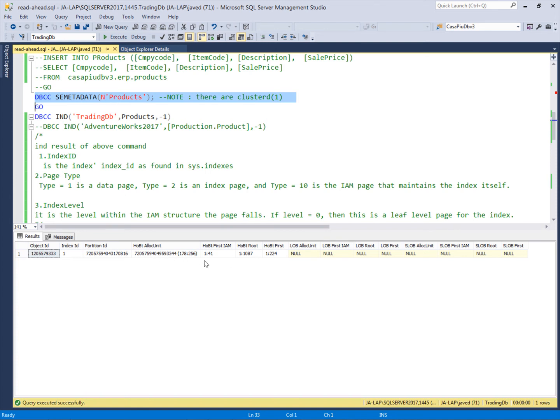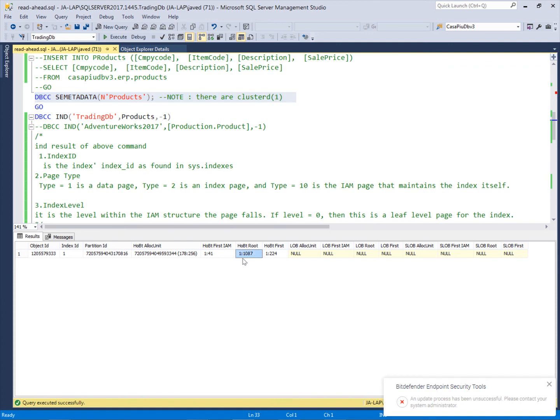This is the IAM, and here SQL Server knows that the root page starts from 1087. This is the file ID. Index ID 1 means this is the clustered index, and this index is on this object ID, which is the products table ID.